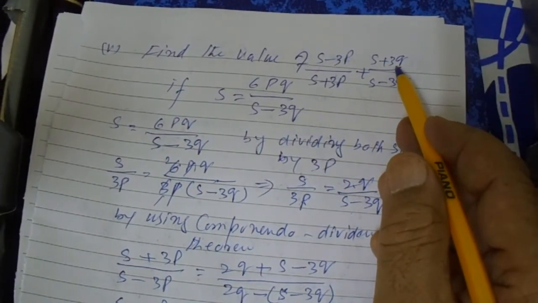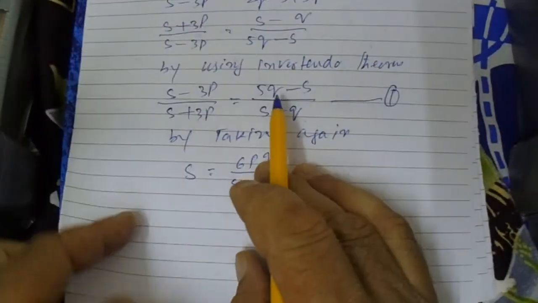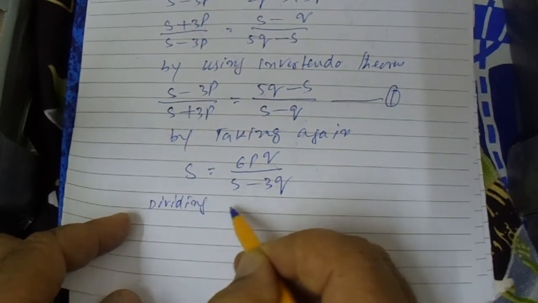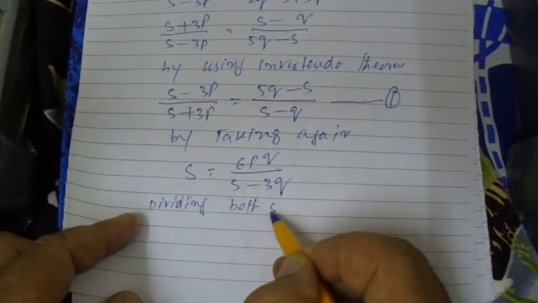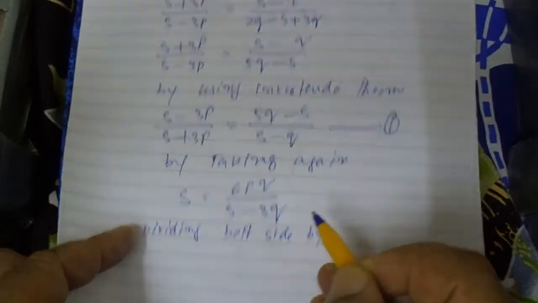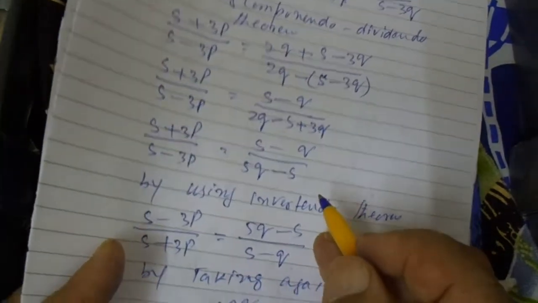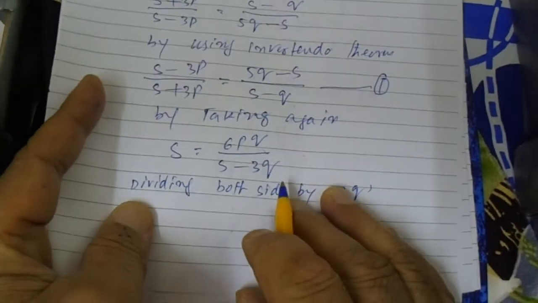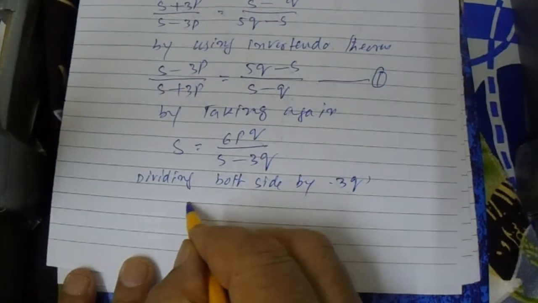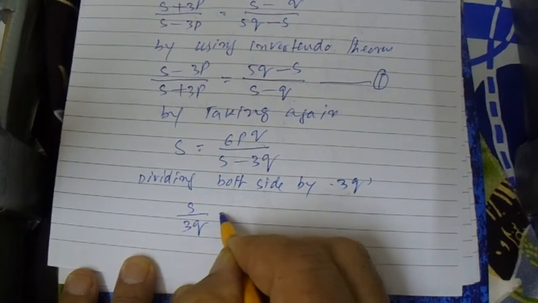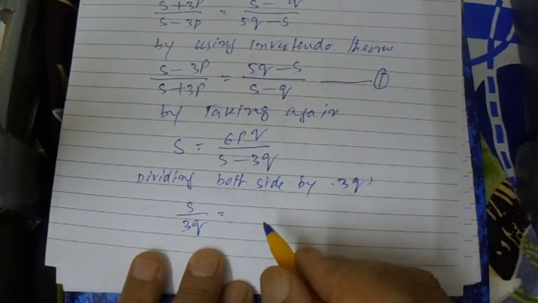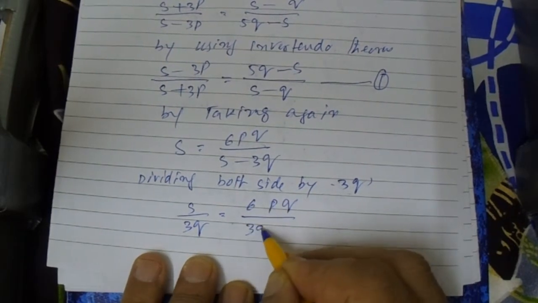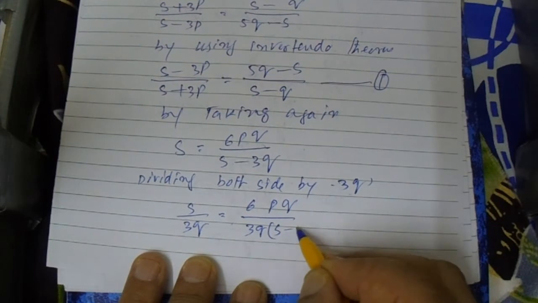We divide both sides by 3q, yes, 3q, and we write s over 3q is equal to 6pq over 3q into s minus 3q.